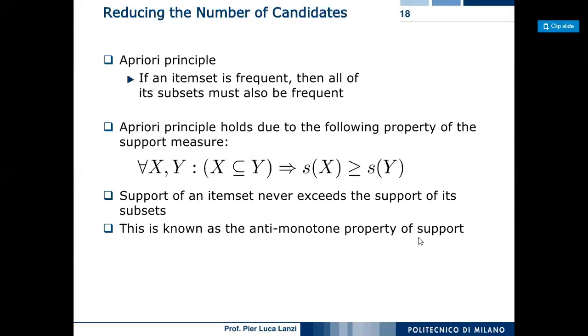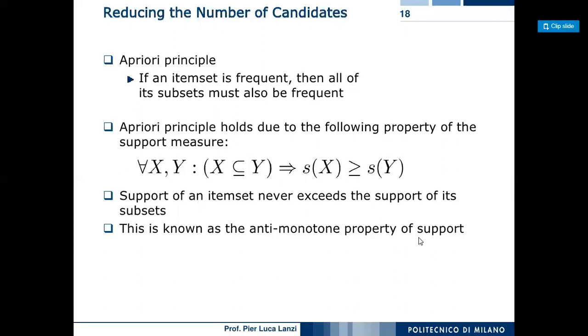In the a priori algorithm, it uses a rule that if an item set is frequent, then all of its subsets must also be frequent. Or if an item set is not frequent, then its superset will not be frequent. The a priori principle holds due to the following property of the support measure.